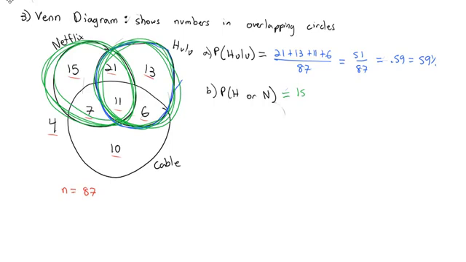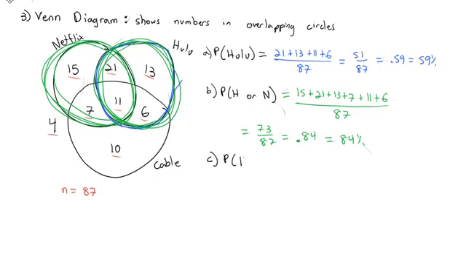Well, there's lots of numbers there. There's a 15 plus a 21 plus a 13 plus a 7 plus 11 plus 6 out of the total of 87 people. If you add that up, that gives us 73 out of 87, or approximately 0.84 or 84% for the probability of a Hulu or Netflix subscriber.